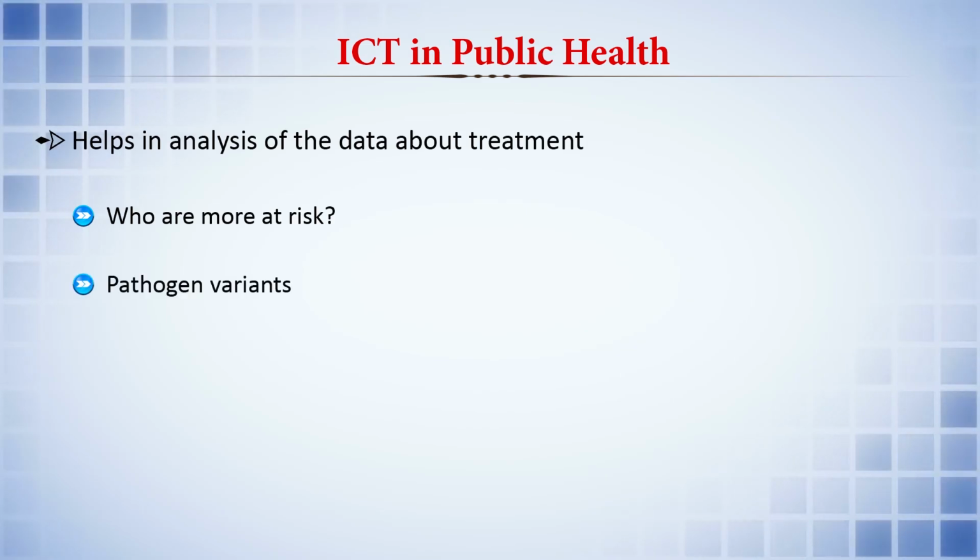It is now also possible to find out the different variants of the bacteria or virus that is spreading, and you know the source from where the infection comes. You can try to locate the source from a study of the variant of the pathogen that is infecting people.